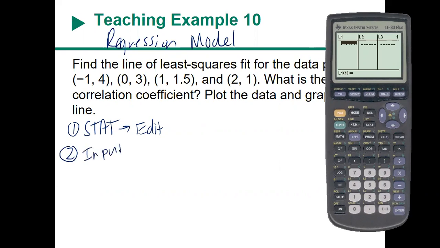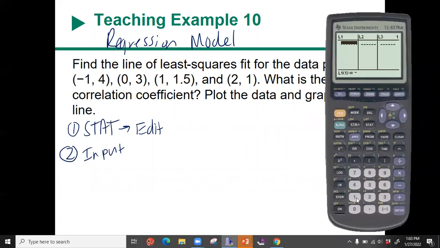I have -1, 0, 1, 2 as my X values, and then I have 4, 3, 1.5, and 1 as my Y values.